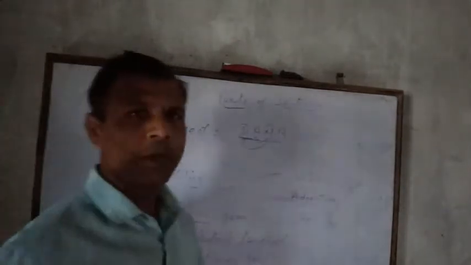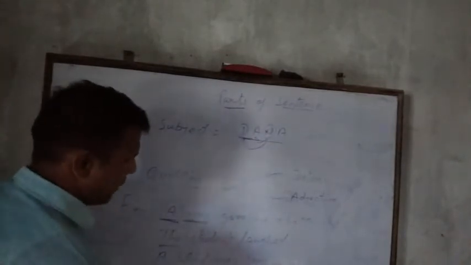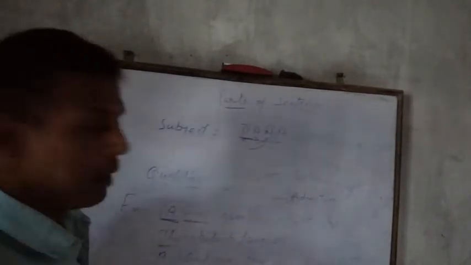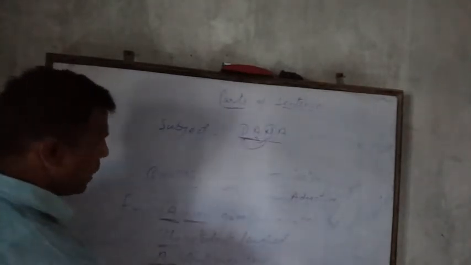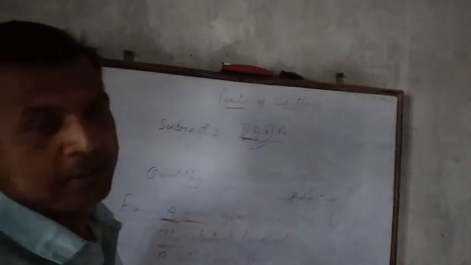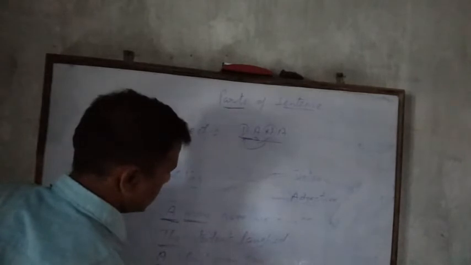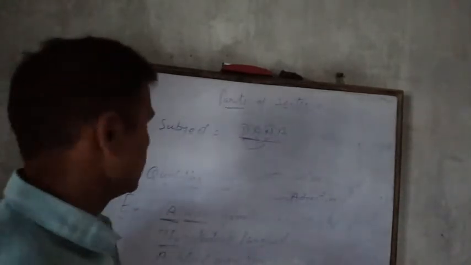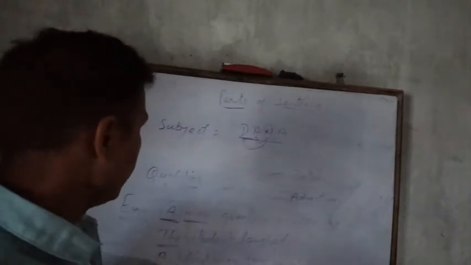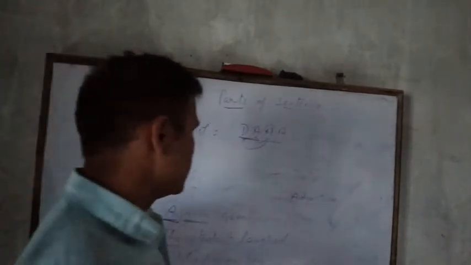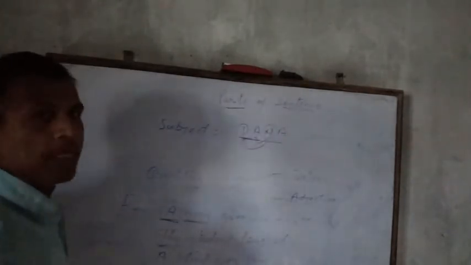So here a is determiner and blind is adjective. So both determiner and adjective are used in this sentence. A blind man. Then this is head word, HW. This is also known as noun. So determiner, then adjective and noun are used here. So these are the parts of subject.